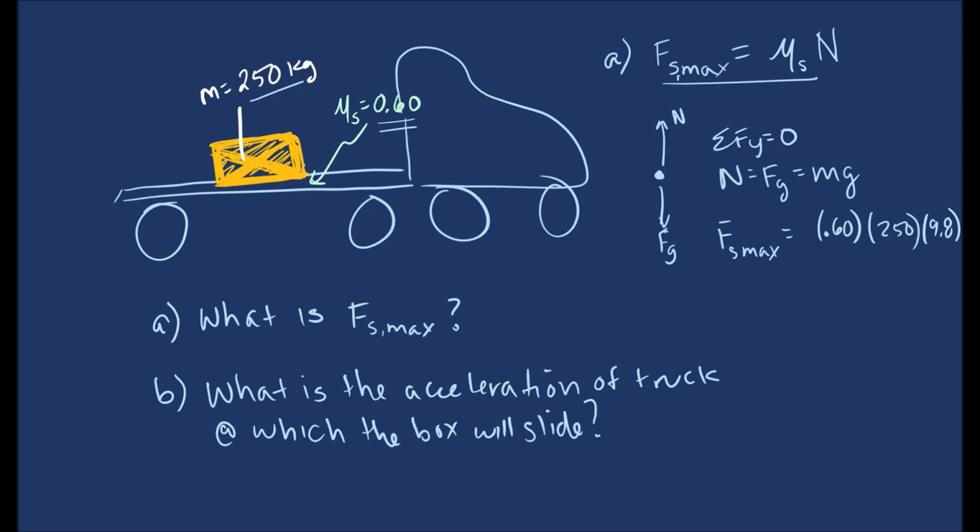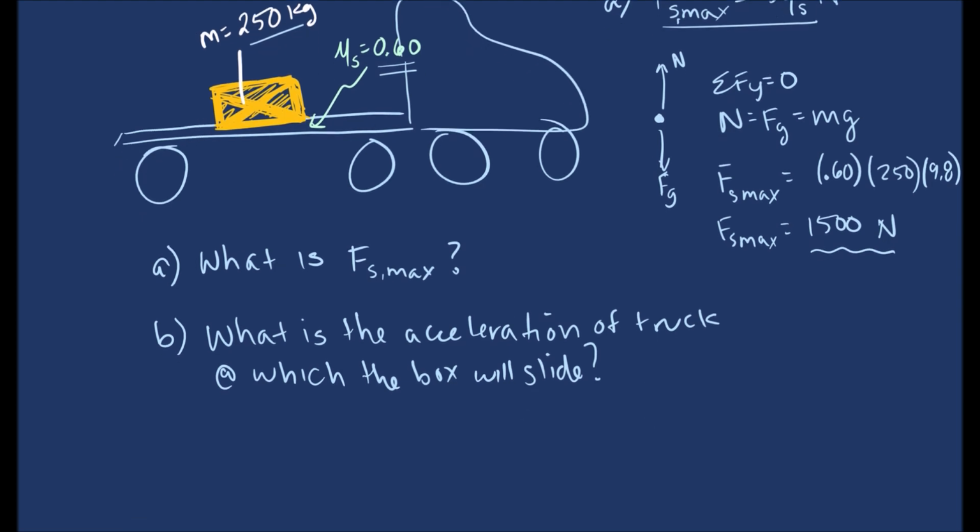Then we take our calculator, plug it in, and we get that the maximum force of static friction, rounding to 2 sig figs, is 1,500 newtons. So, knowing that, now we can begin to solve B. In B, we're asked, what is the acceleration of the truck at which the box will slide?